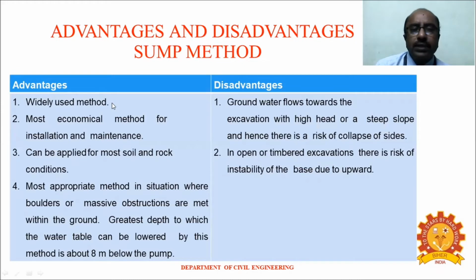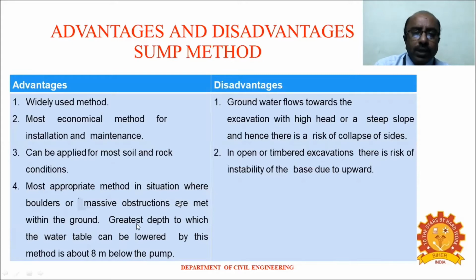It has advantages because it is widely used and more economical, as it does not require any sophisticated equipment. Moreover, this can be applied in almost all soils and rock conditions, and it is the most appropriate method in situations where boulders and massive objects are met with in the ground.